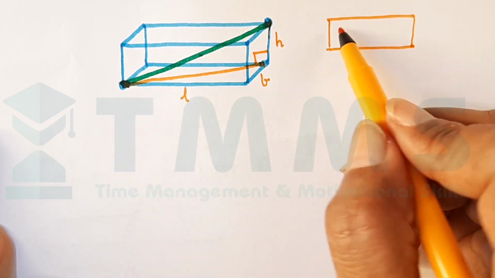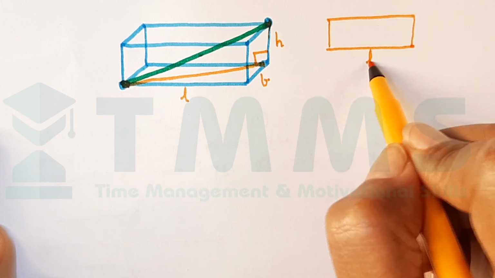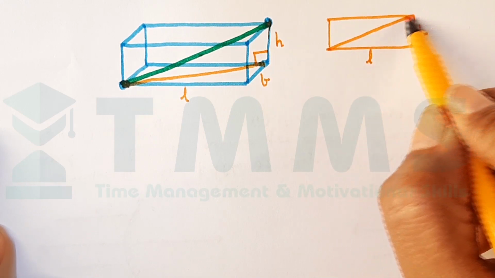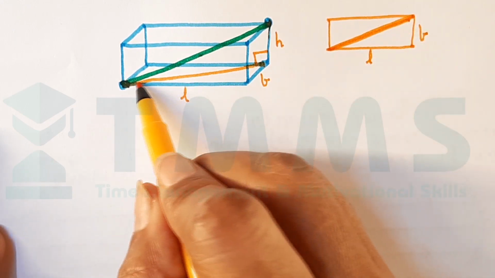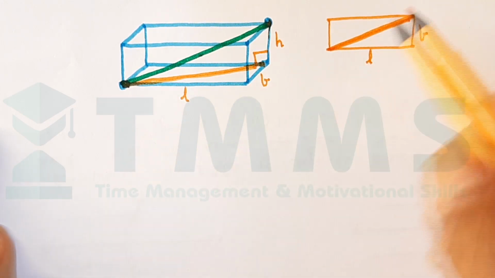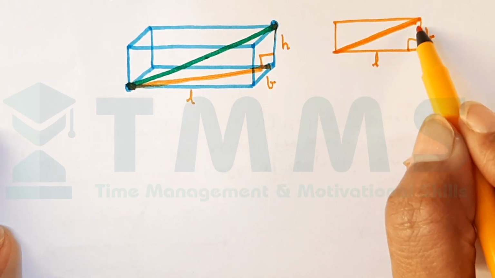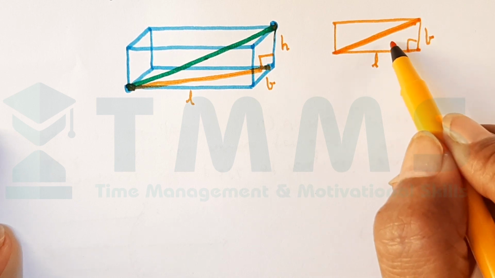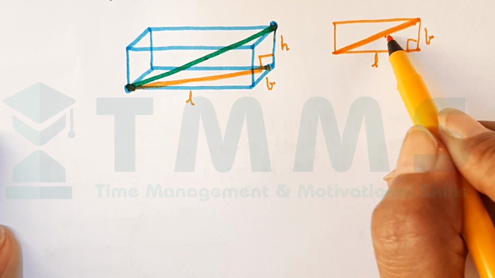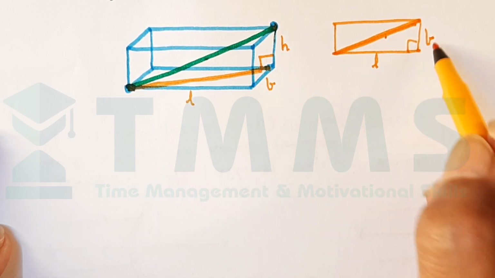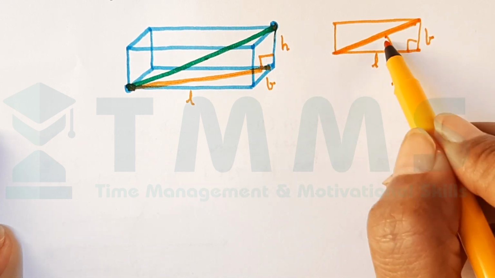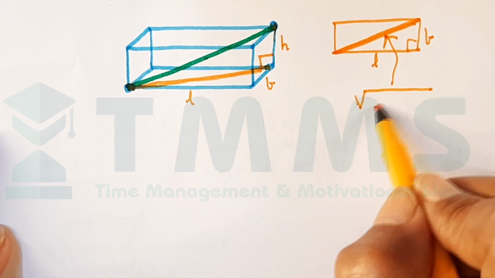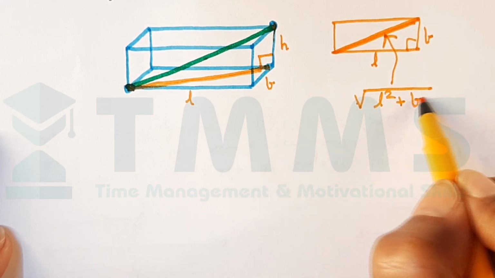This surface, I'm showing here, this is your length, this is your breadth, and this yellow line is this one. Okay, this one. Now, this is your 90 degrees, so this becomes your right triangle. Now, if this is the right triangle, won't the hypotenuse square be equal to L square plus B square? And so this side over here becomes under root L square plus B square.